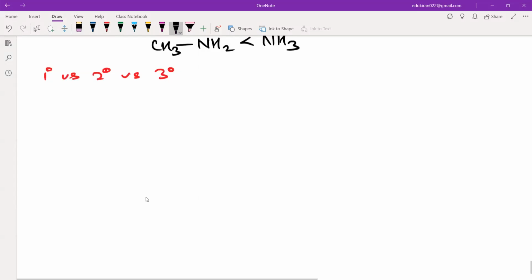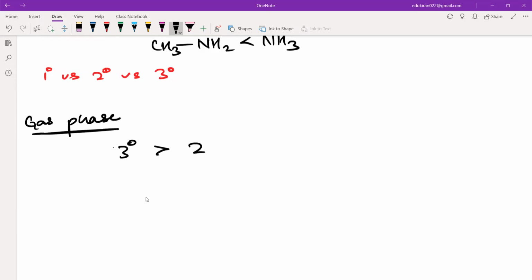Please remember there is a gas phase comparison when everything is in the presence of gas. In gas phase, the order is 3 degree, followed by 2 degree, followed by 1 degree, and then followed by ammonia, NH3. That is the last case here. This is the gas phase.